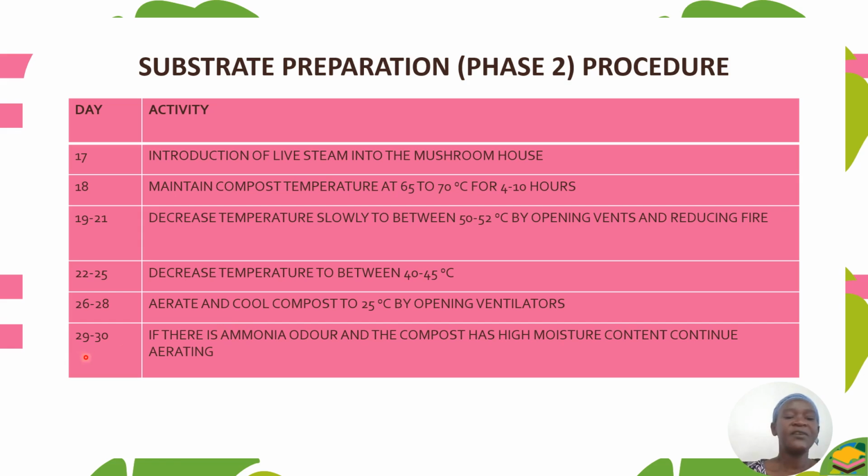Then on days 25 to 30, if there is ammonia odor and the compost has high moisture content, you continue aerating until the odor is no longer there, as well as the temperature is not that high. It means that by reaching this far, the substrates are well prepared.